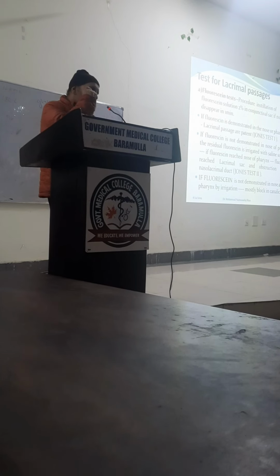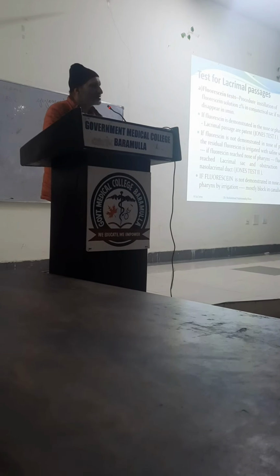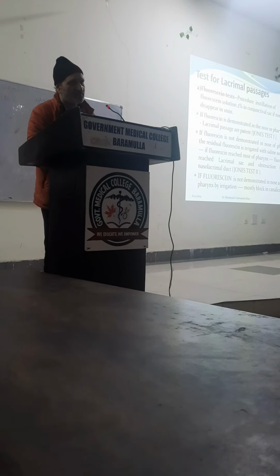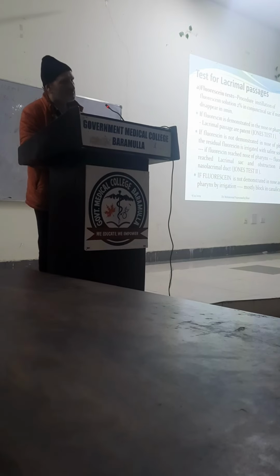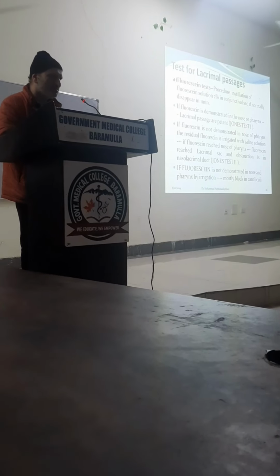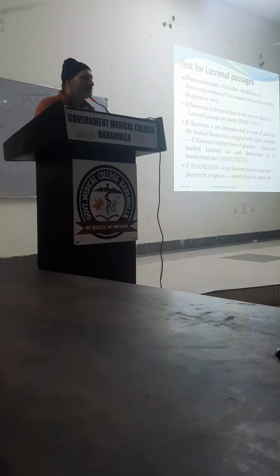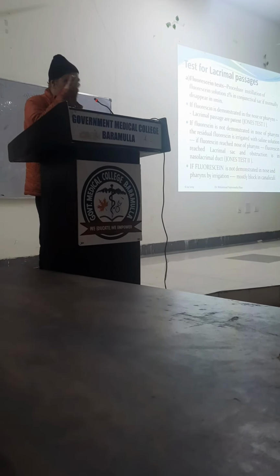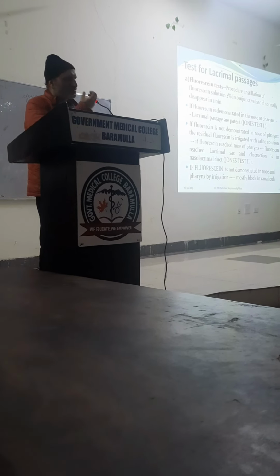If no dye still comes, then it's a functional pump failure. Can it be explained? Why in functional failure will there be no dye? Because I told you, we put the dye in the eye. Once the pump fails, the sac will not suck this fluid into the sac.